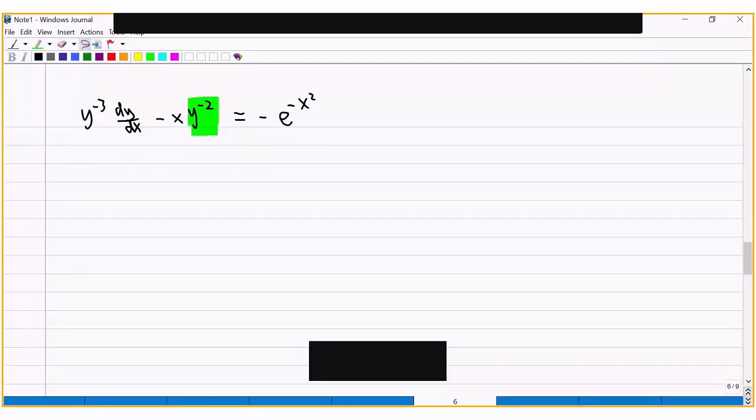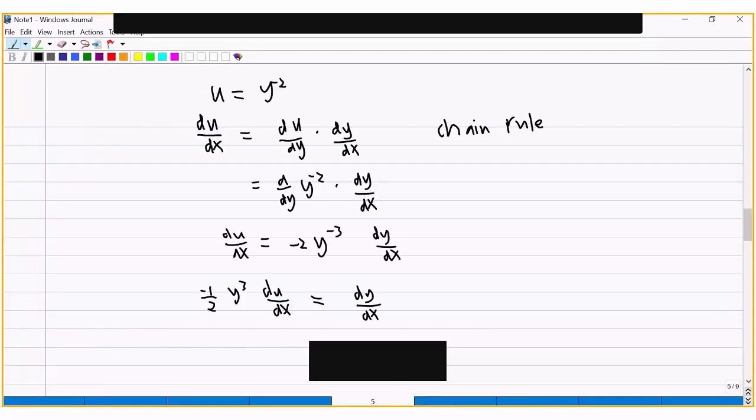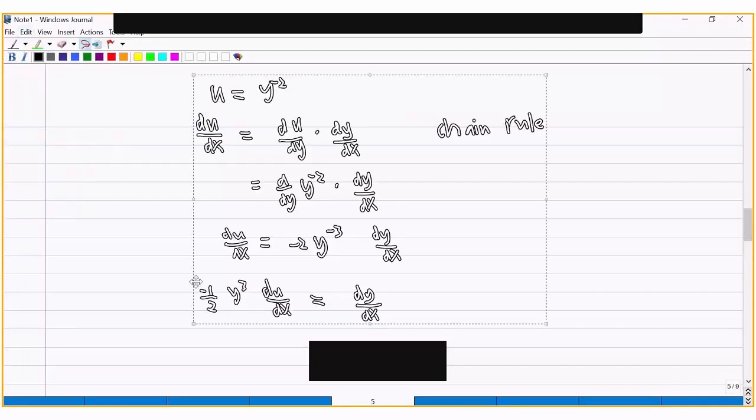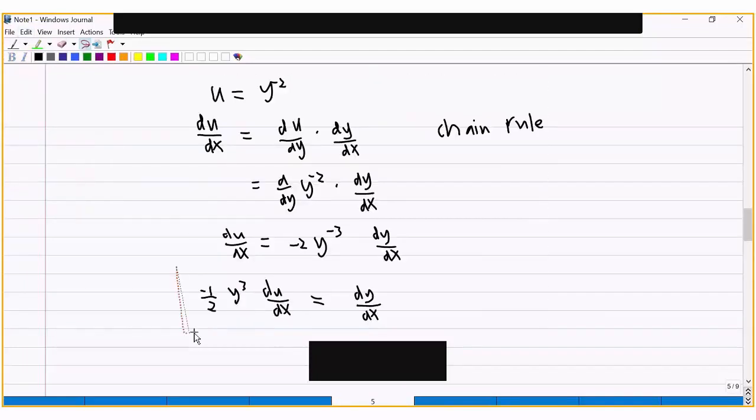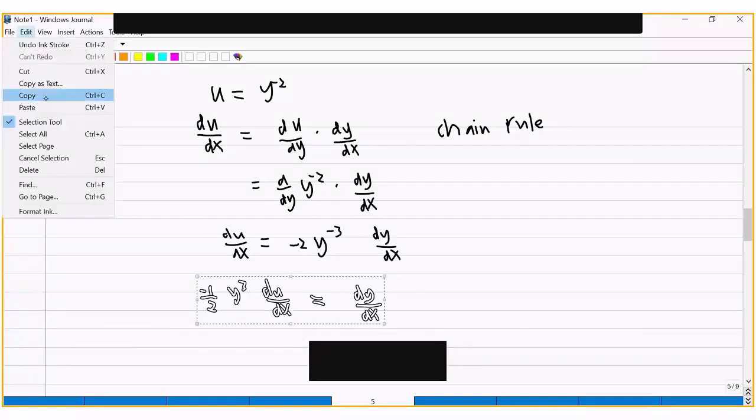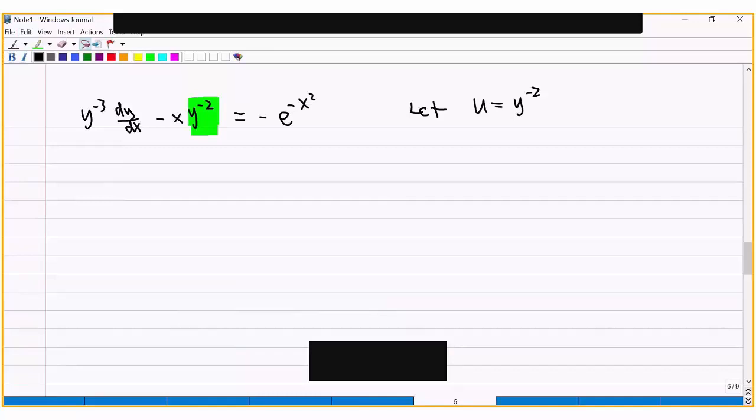My u is y to the power minus 2, and I also have dy/dx from just now. Let me copy this one.